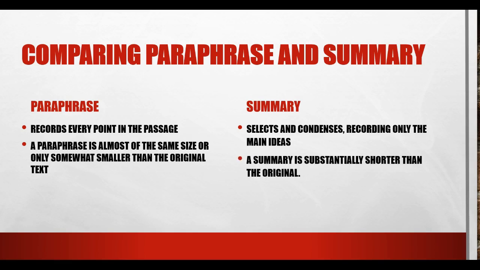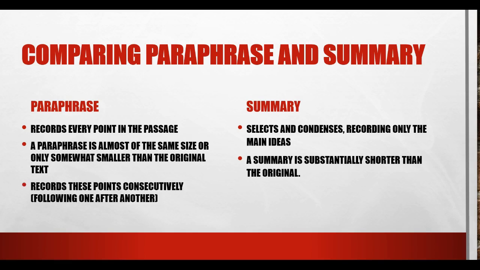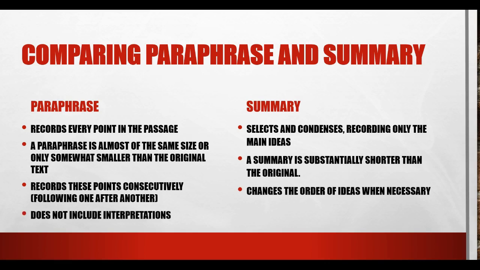A summary is substantially shorter than the original. A paraphrase records points consecutively, while summary changes the order of ideas when necessary. Paraphrase does not include interpretations. Summary explains and interprets ideas.